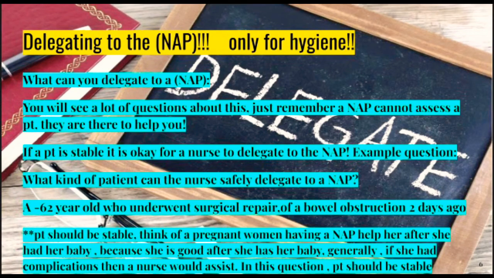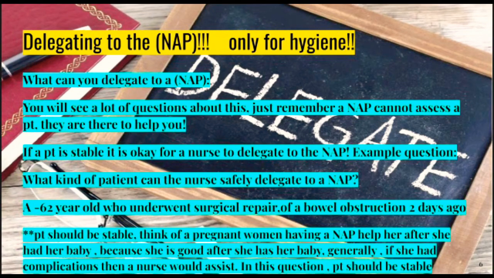An example I wanted to give: when I had a baby, I had a lot of complications, so I wouldn't get a NAP, because of the complications with my pregnancy. Now my sister had her baby normally, and after 24 hours she was good to go. After the 24 or 48 hours, whatever you want to call it, a NAP would go and assist, because most likely she's fine, which is amazing to me.